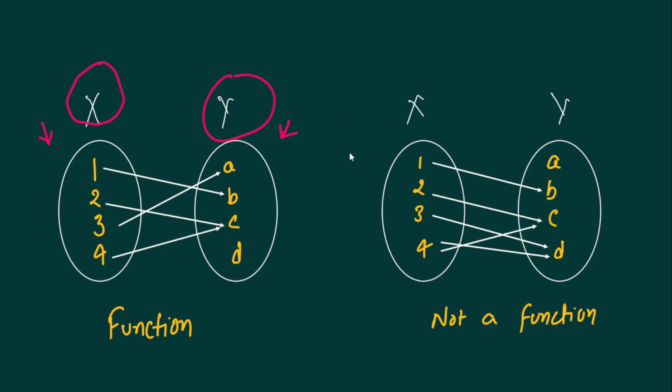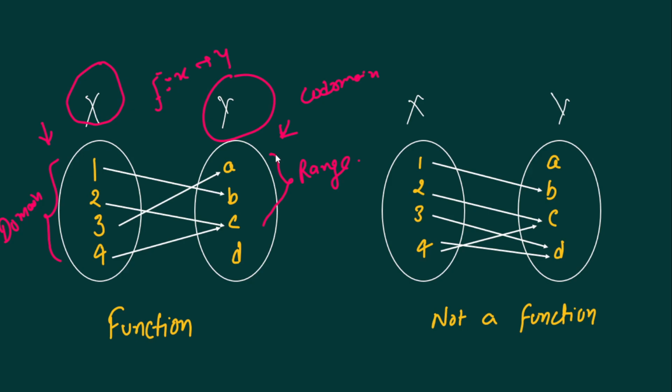These are basically the domain. If we have a function defined from X to Y, then X is the domain and Y is the codomain, and these three are the range.